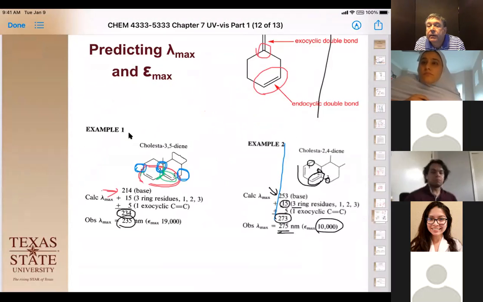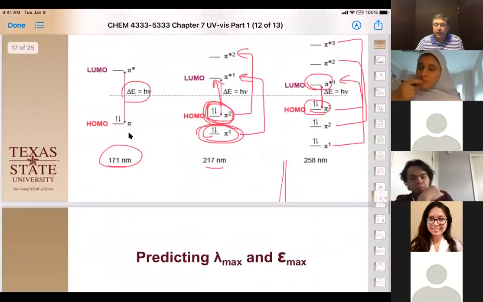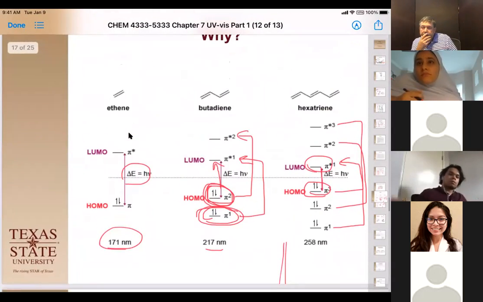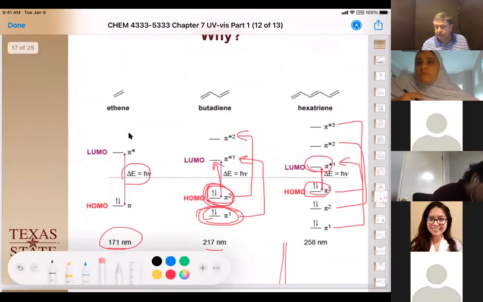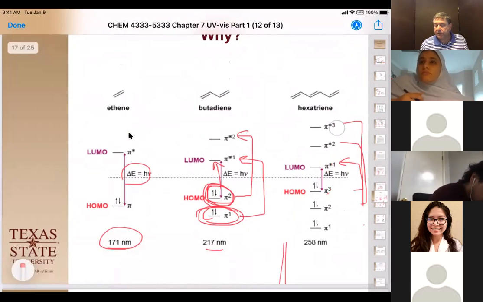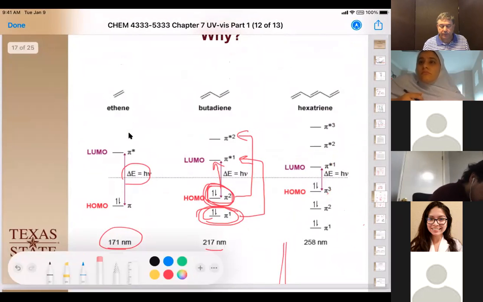Question: is the greater conjugation the sense of greater total energy that can push the smaller HOMO-LUMO transition? It's not necessarily greater total energy. What you can think of it as, though, is that these energy levels are associated with potential energy, right?